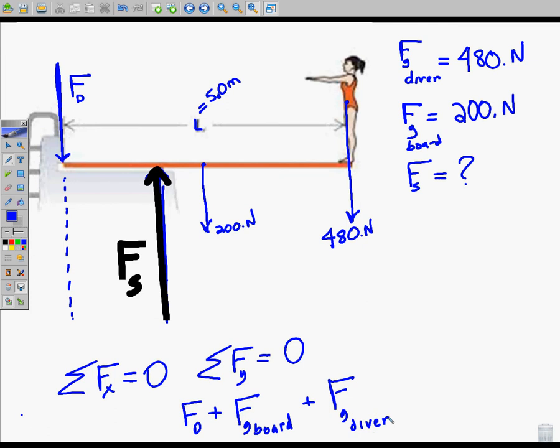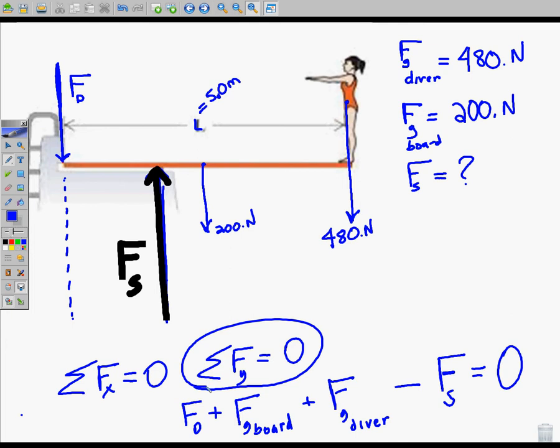Yes, but before you do that, I'm going to say minus Fs equals 0 so that it's more in line with the sum of all the forces. You actually chose down to be the positive direction, but that's fine. And you're right, you can take that Fs over to the other side, and that's fine too. It's all good, Danny.